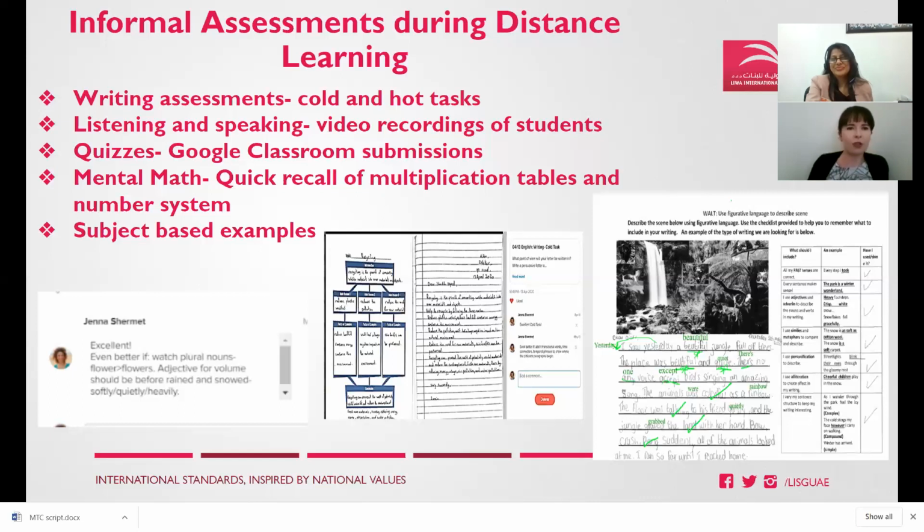And again, some other subject-based examples. As I mentioned, the science ones were a useful tool. We did some social studies video recordings where children would explain something in social studies and upload it as well. So those were really helpful tools. Right.